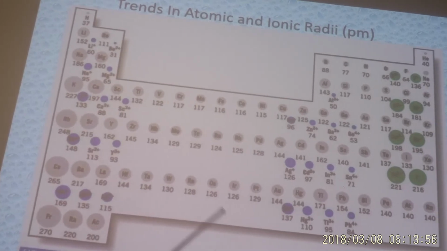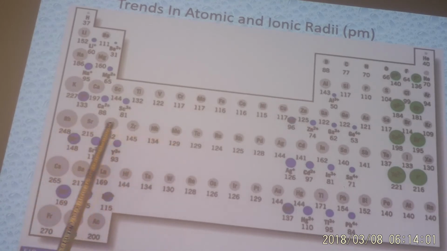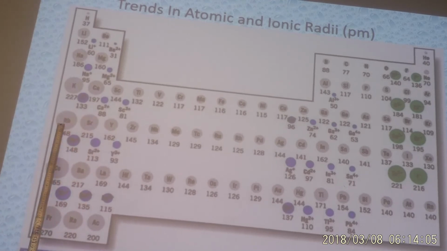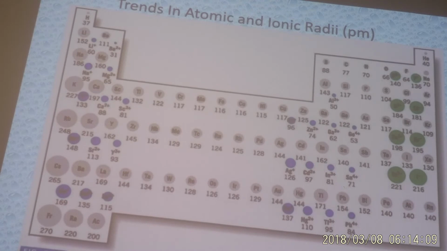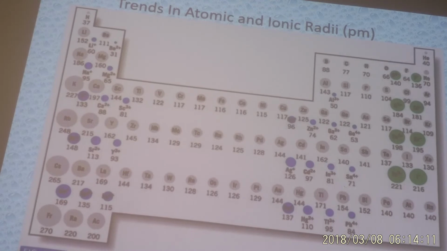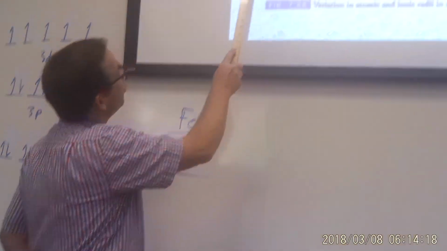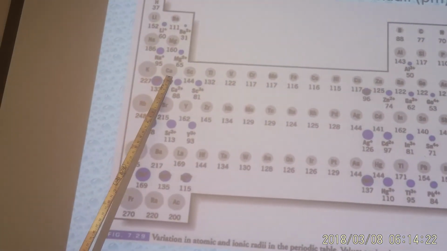What might be surprising is, though, if you look at the trend of size from left to right across our shells, the atom's size actually decreases. The atom size actually decreases. And that's because when you go from potassium to calcium, you're adding an electron.